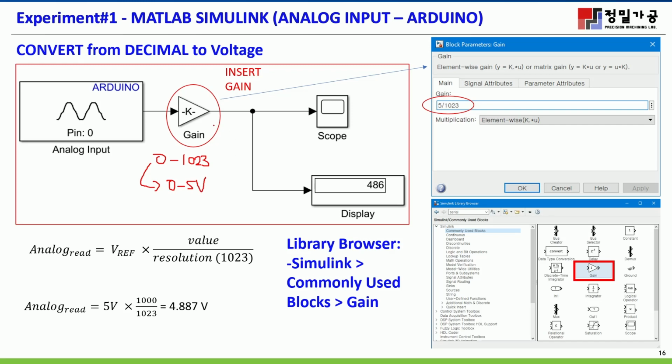So just insert a gain and put in the maximum value of 5, because the default reference voltage is 5 volts, divided by the decimal number 1023. To get the gain block, you can choose Simulink and Commonly Used Blocks, and the gain appears here. Okay.